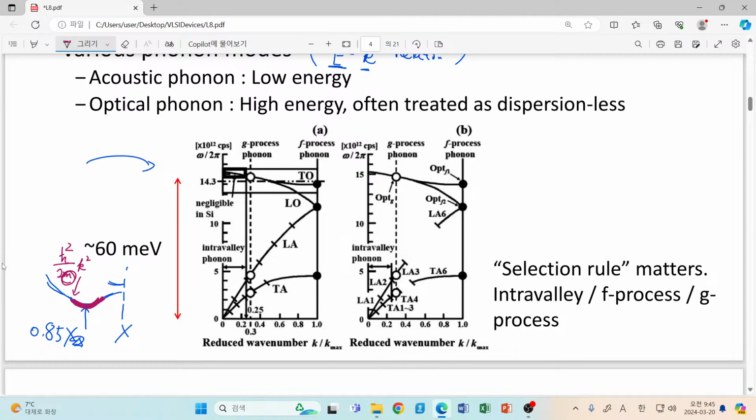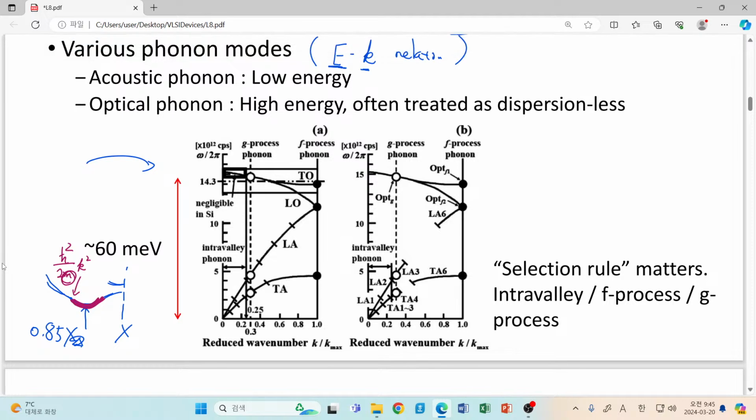Now let's assume that, where do we have important points in this E-K diagram? So where do we have important ones? These points, you may find some numbers or labels.